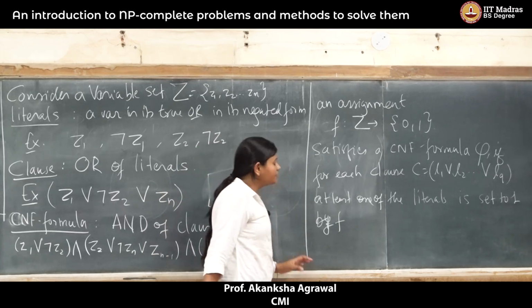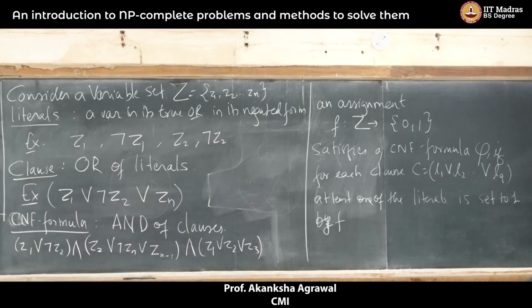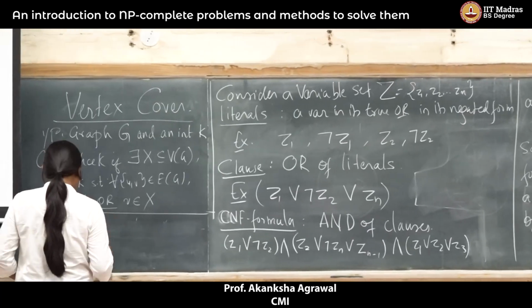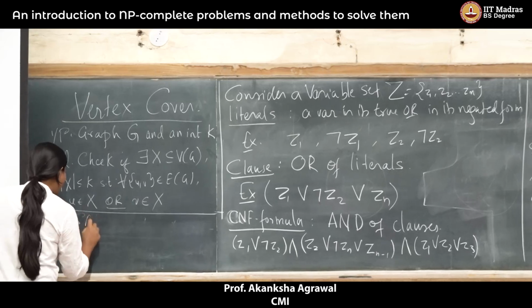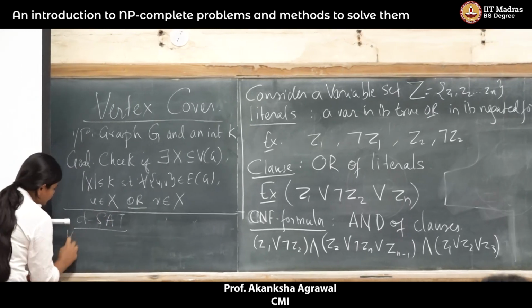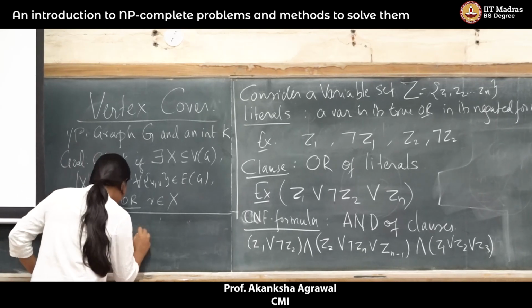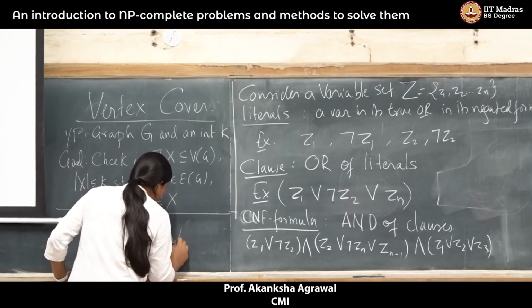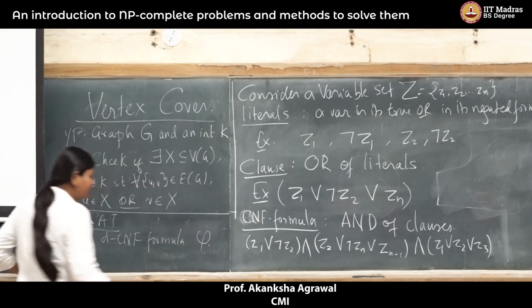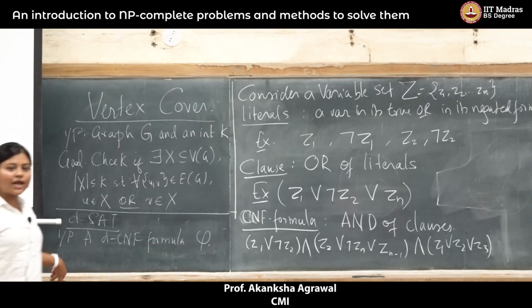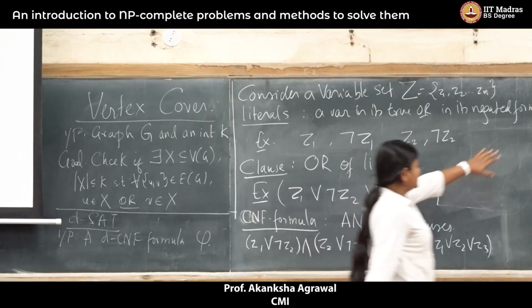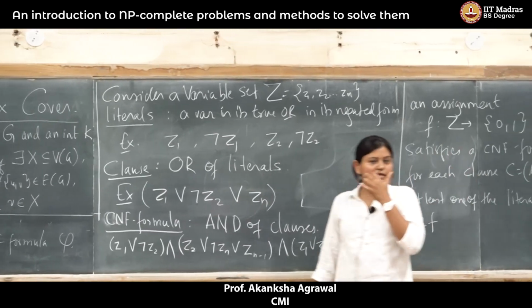Okay. So in the DSAT problem, I'll directly define DSAT. As an input, we are given a CNF formula phi, and the goal is to check if there is an assignment that satisfies the given CNF formula.